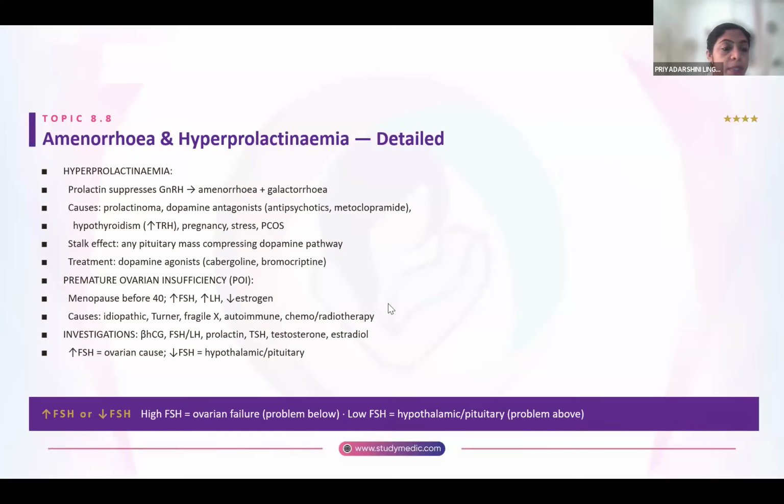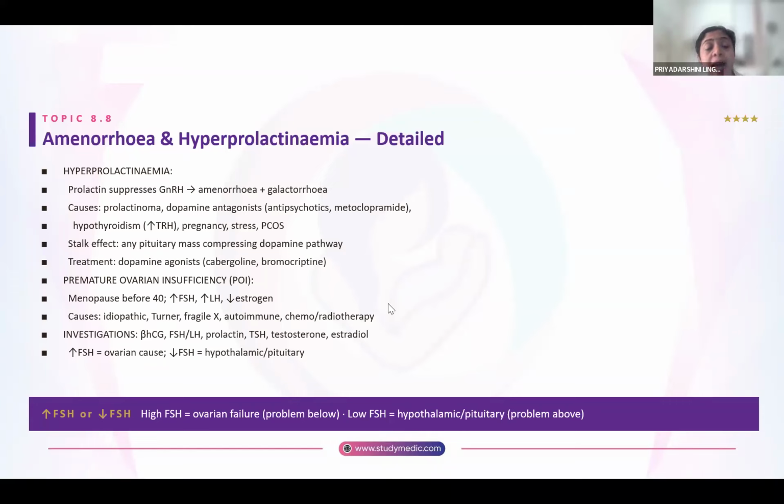So the most common things that we saw just now, one is your hyperprolactinemia. Hyperprolactinemia is given a lot of importance, and most of the times we expect at least one question here. Another question that can come around hyperprolactinemia is the drugs that can cause hyperprolactinemia. What are the drugs that can cause it? We saw hyperprolactinemia is treated with dopamine agonists like cabergoline.